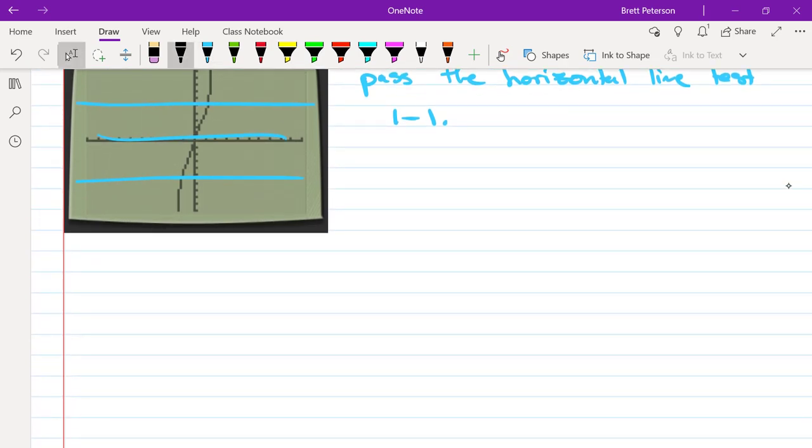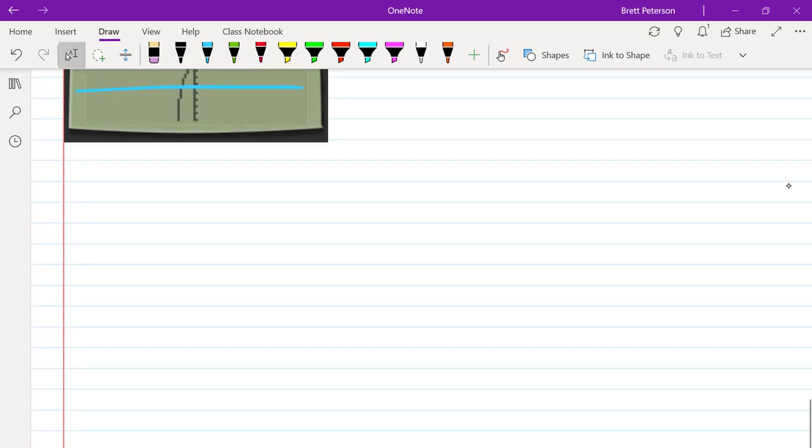So the reason that we really like 1 to 1 functions is the following.